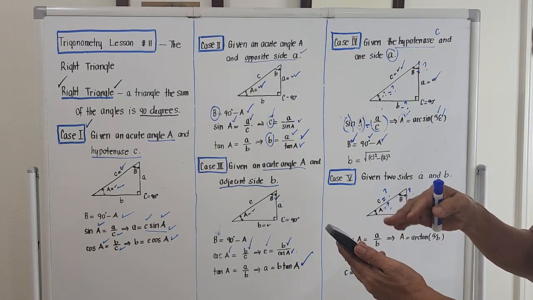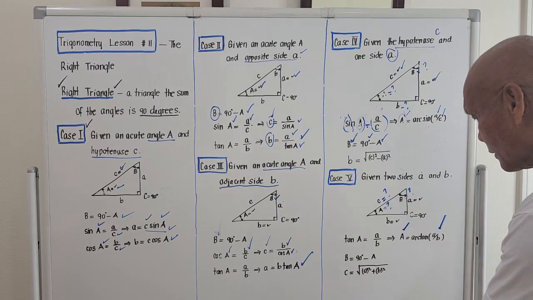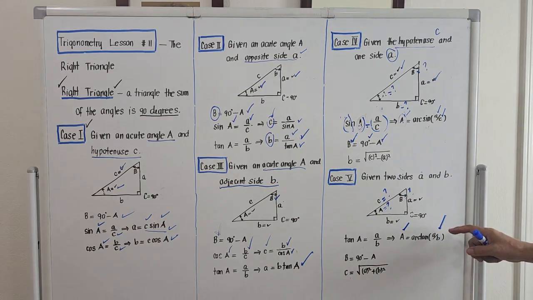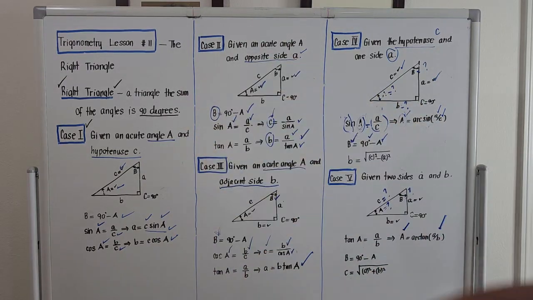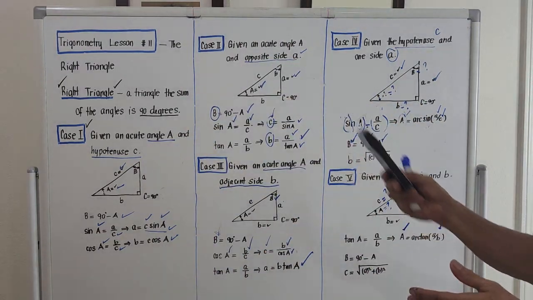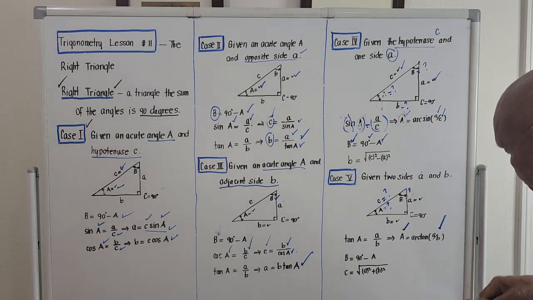It is the tangent to the -1 on the calculator. So if we take the ratio of A over B, we press arctangent or tangent to the -1. It falls under the second function on the calculator. We could compute for A.